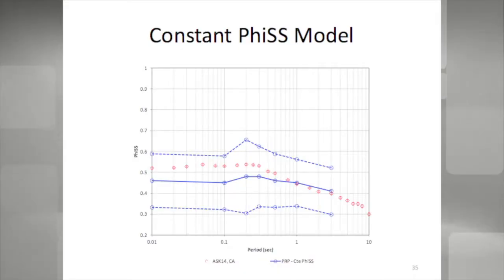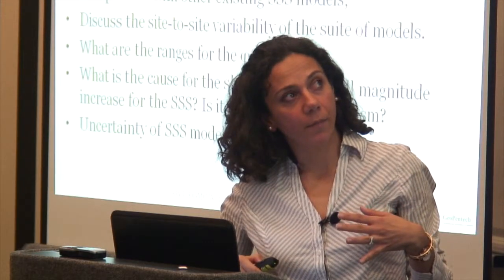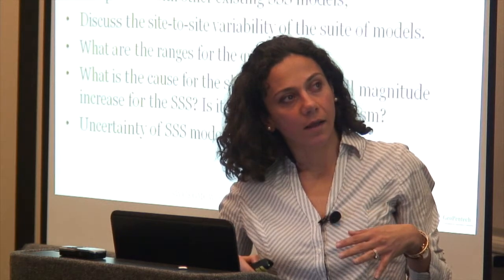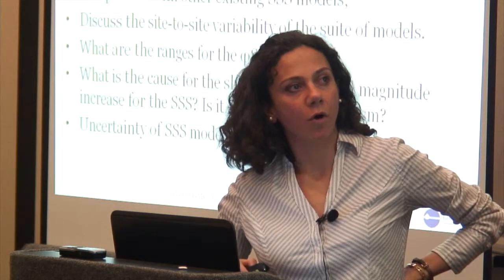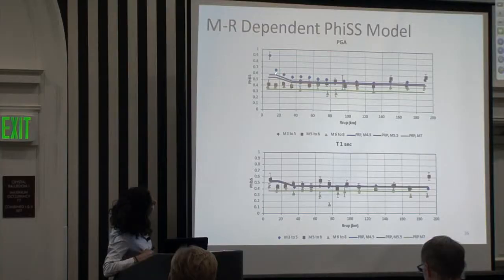If we compare again California data binned by magnitude and distance to the magnitude-dependent Pegasus Refinement Project models, you see here the blue solid line is magnitude 4.5, red is magnitude 5.5, and green is magnitude 7.